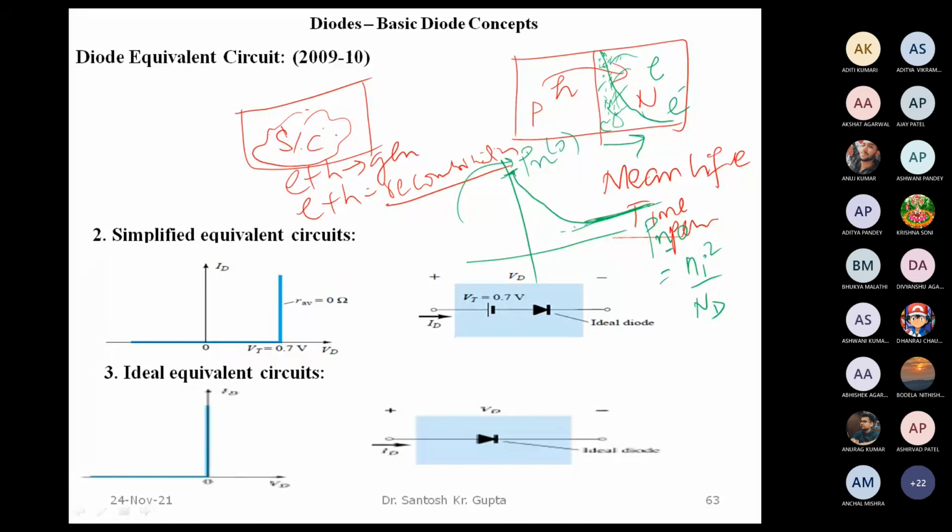So the exponential variation is equal to e to the minus x upon tau p, I think, where x is the distance as we go from the junction side to the right side.